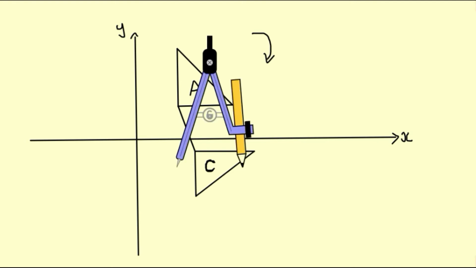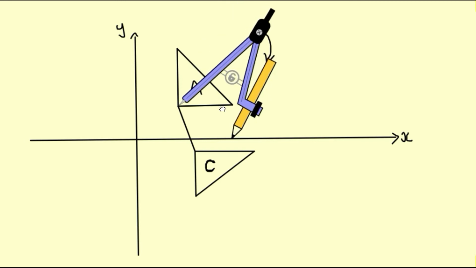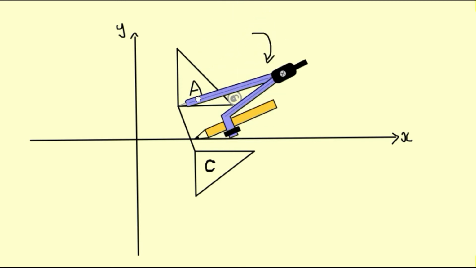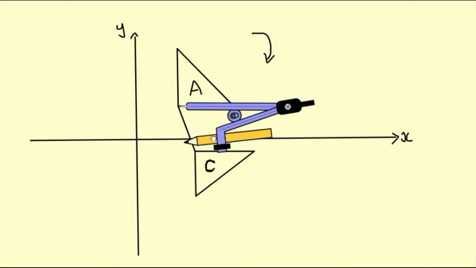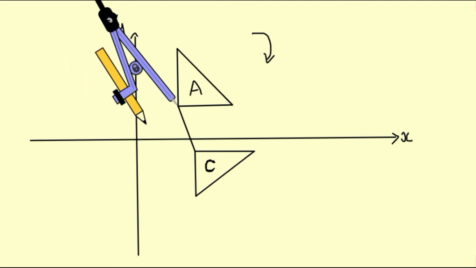So join the corresponding vertices. Then take a compass and keep the compass pointer on one vertex, and take your pencil to more than half. We are drawing the perpendicular bisector of this line. So with more than half of this line as the compass width, you can cut the arcs here.